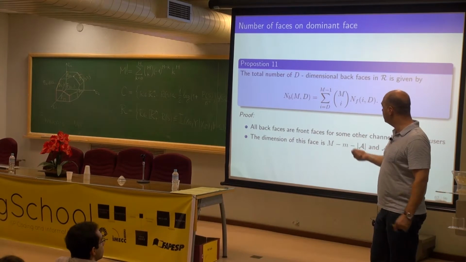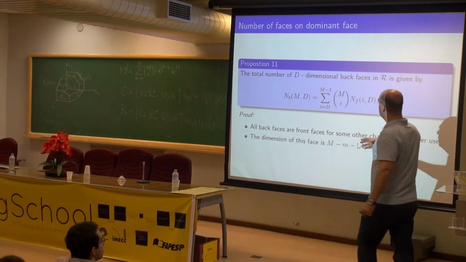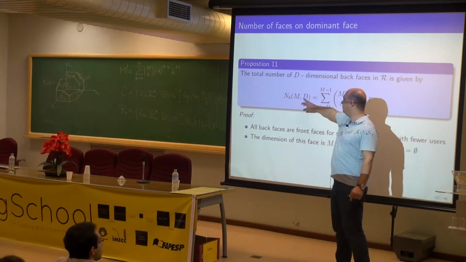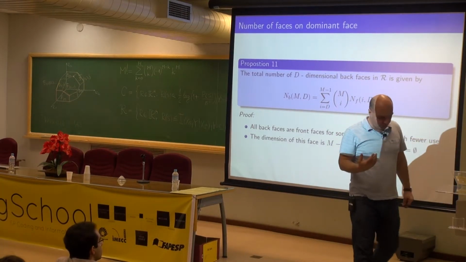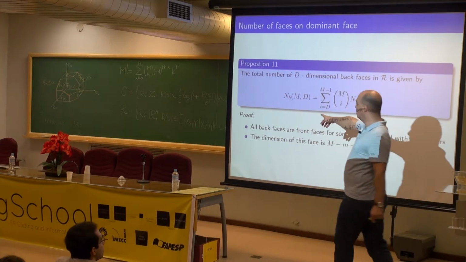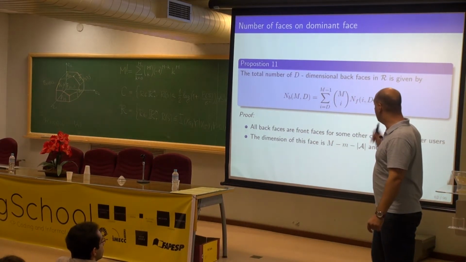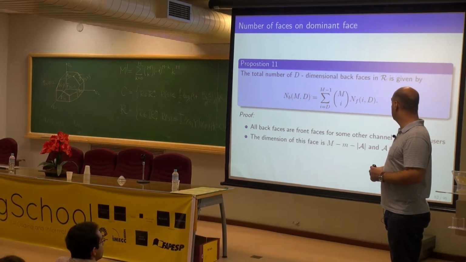Then we go further, lowering the dimension, m minus 2, m minus 3, and we stop at d, because d is the dimension of the face. If we want to go for the vertices, we put 0 here, and we start at 0. So this is the total number of back faces.